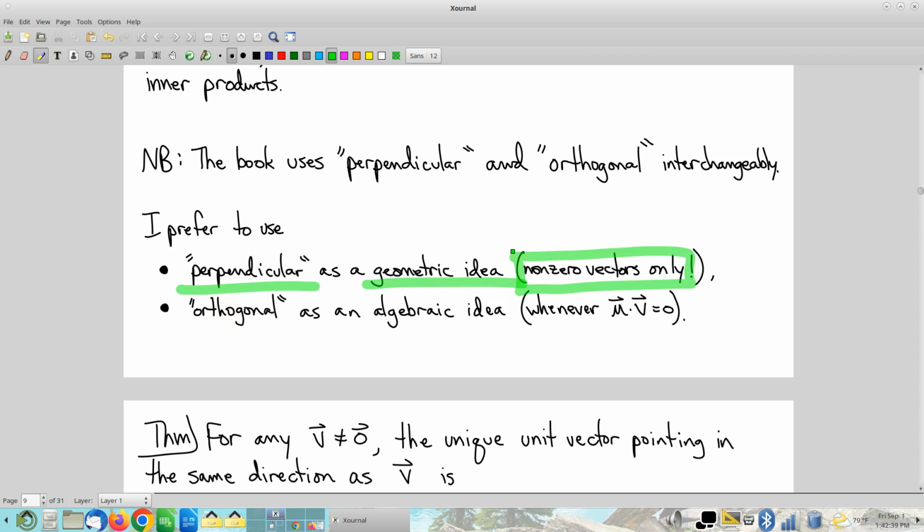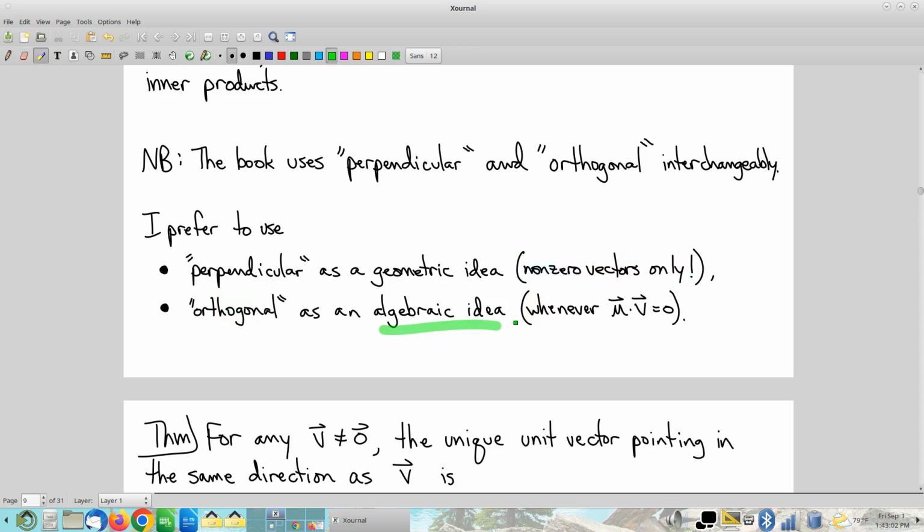Is the zero vector perpendicular to anything, really? It doesn't really make any sense. It doesn't point in a direction, so that direction can't make a right angle with anything. Does that make sense?